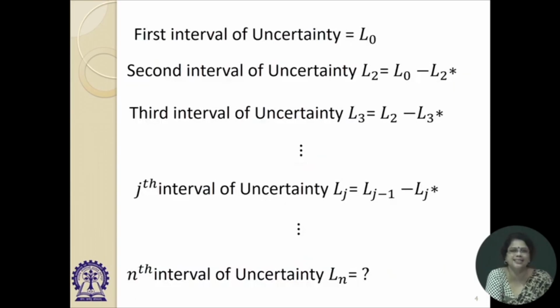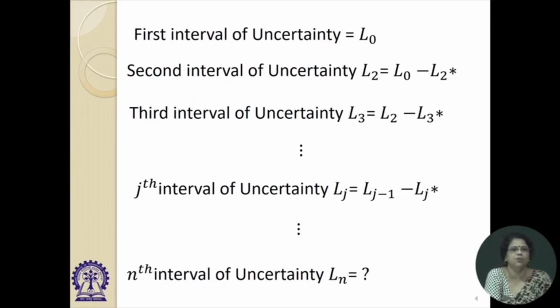Let us see what is happening in the next. We are getting L naught, the first interval of uncertainty. The second interval of uncertainty was L naught minus L2 star. Did you understand? The third interval of uncertainty is L2 minus L3 star, because every time I am reducing L2 star, L3 star, L4 star, L5 star further and further from the whole interval, and ultimately after the jth iteration we get Lj minus 1 minus Lj star.